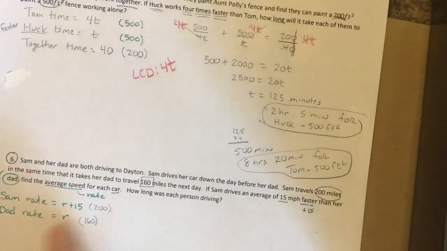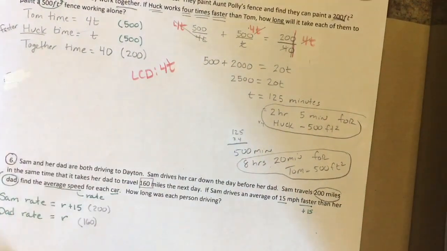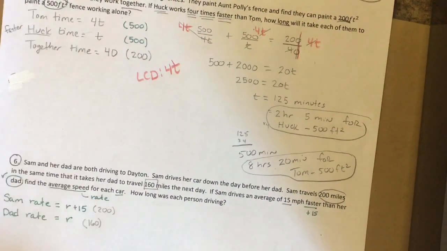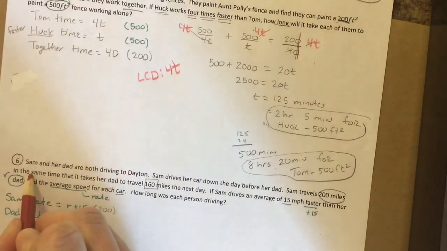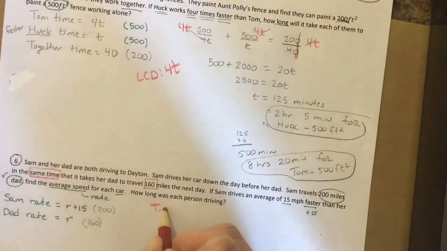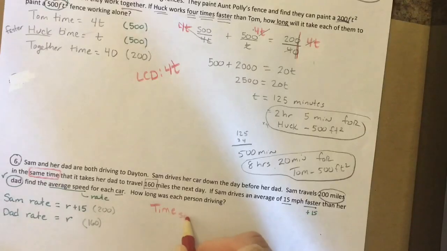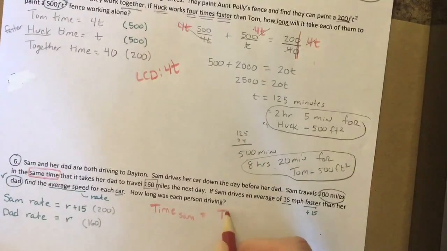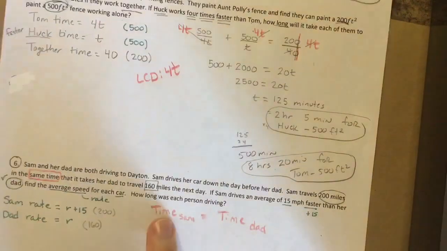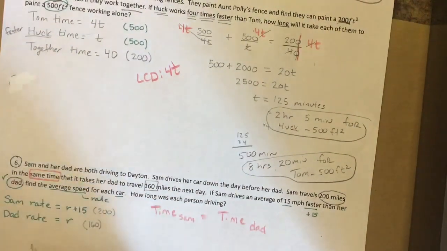All right. This is the one where we're going to set the two equal because it says their times are the same. All right. So we've got time for Sam equaling time for her dad. Right? But we don't know time. All right? But work equals rate times time.